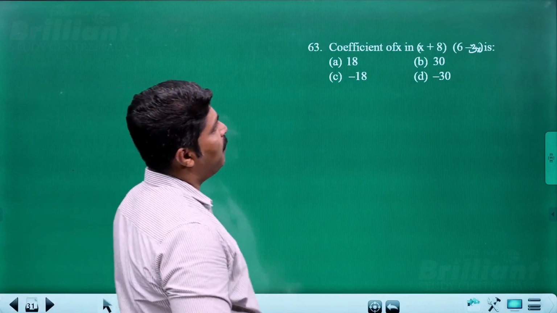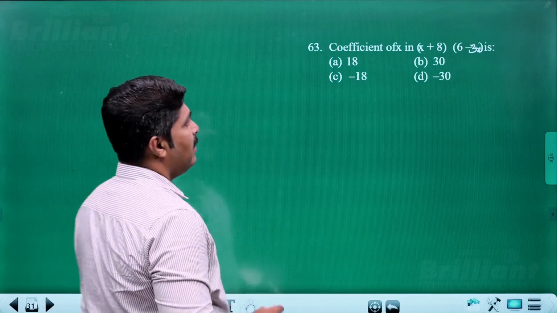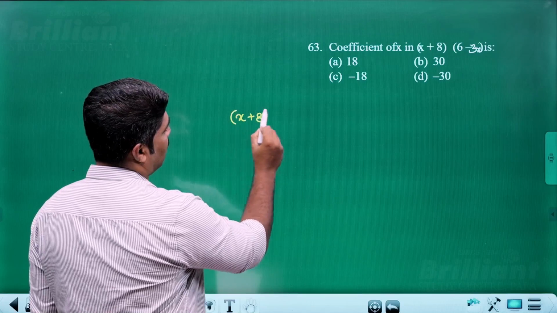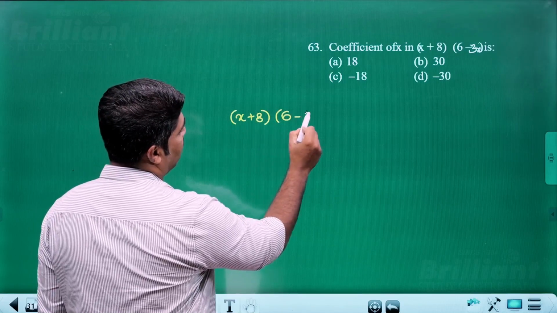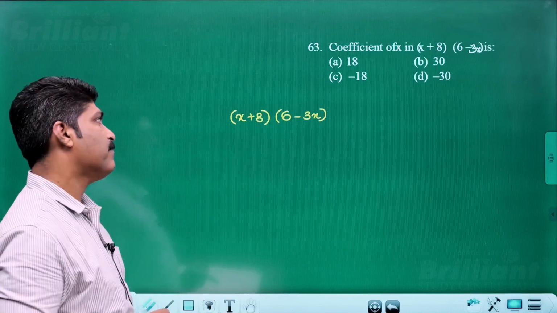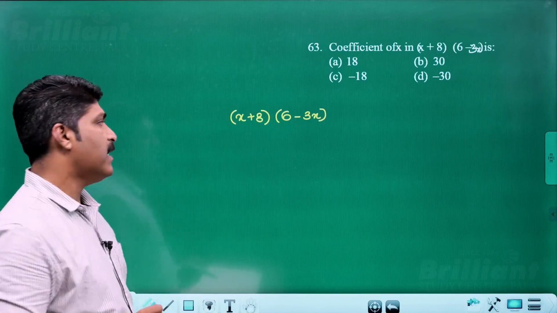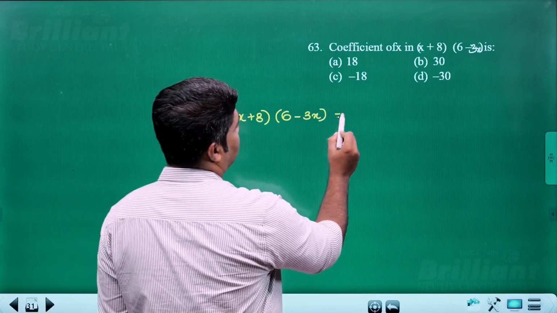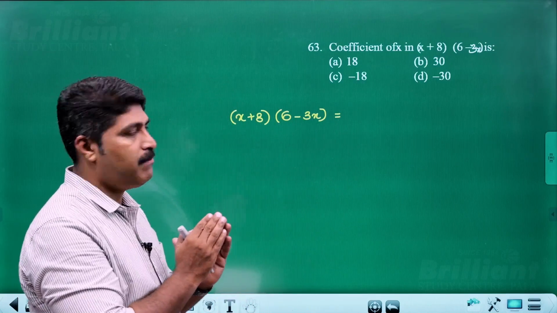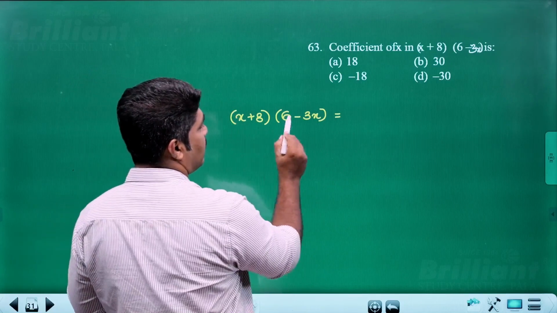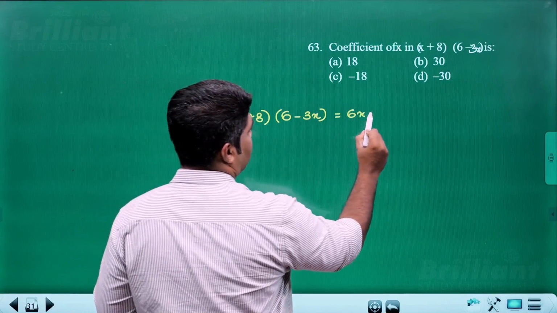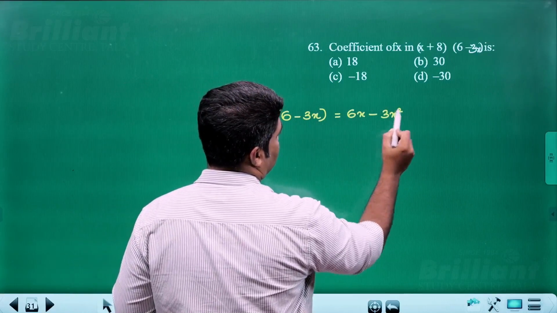Coefficient of x in x plus 8 into 6 minus 3x. Coefficient of x in x plus 8 into 6 minus 3x. So what you want to do, you just cross multiply it, applying the distribution method. First x into 6, that is 6x. x into minus 3x, minus 3x square.